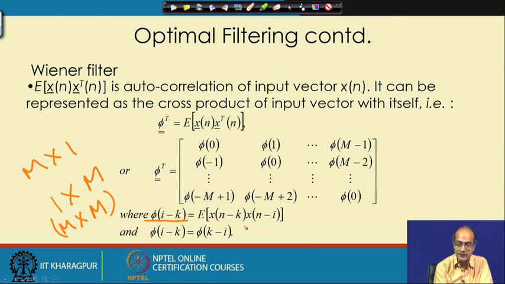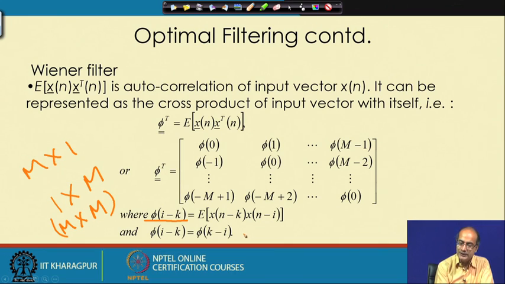Had it not been a stationary signal, we would not be able to write it in such a simple form. Another thing we note here is that as we are talking about the expected value of the product of these two, and product is a commutative operation, we can change the order of them, and if we do, instead of phi i minus k we will get phi k minus i. So, phi i minus k equals phi k minus i.